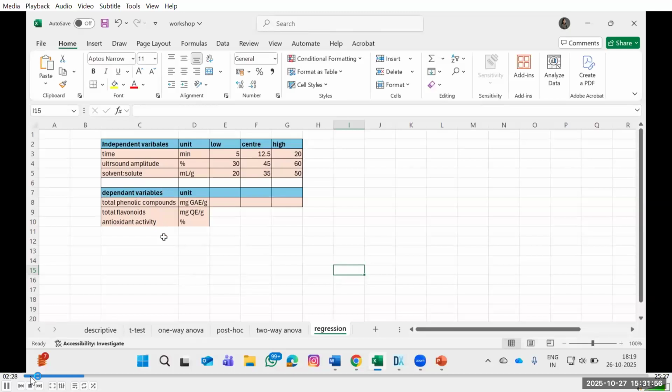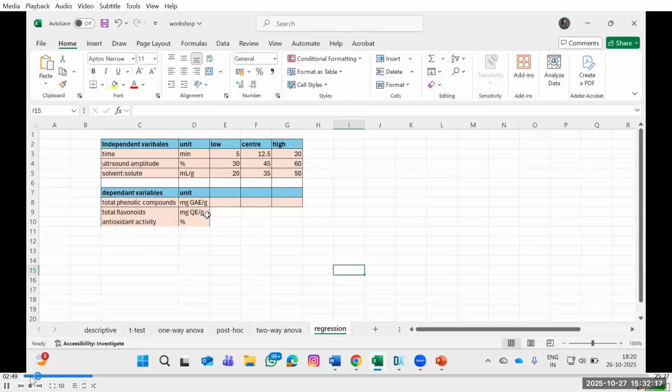And there are three dependent variables: phenolic compounds, flavonoids, and antioxidant activities of the different samples treated using ultrasound assistance. So we are seeing that there are three independent variables and three dependent variables.